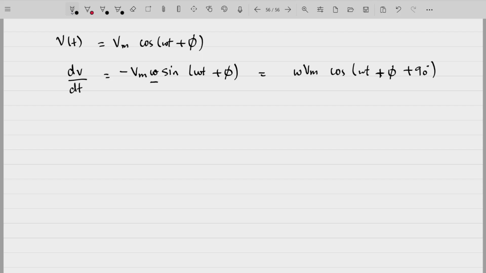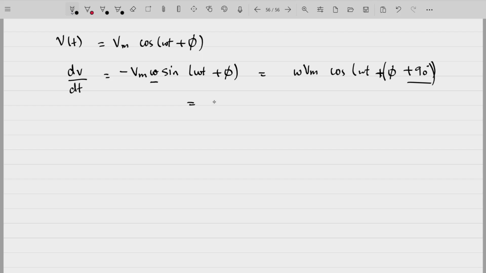As you know, once you have a quantity cos of omega t plus phi plus 90 degrees, the minus sign is automatically compensated. So what is our angle here? It is phi plus 90 degrees.